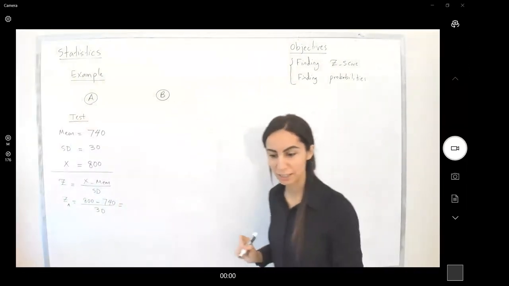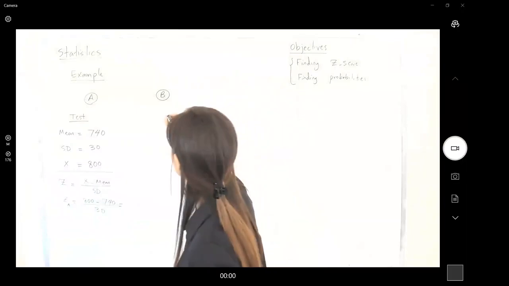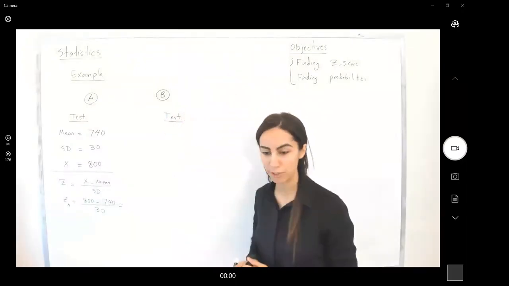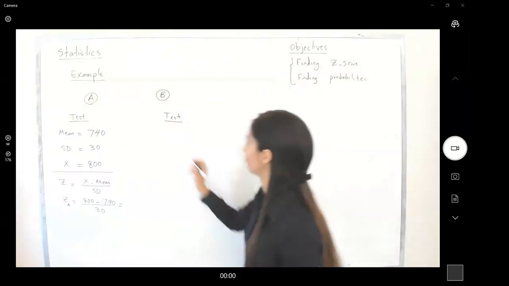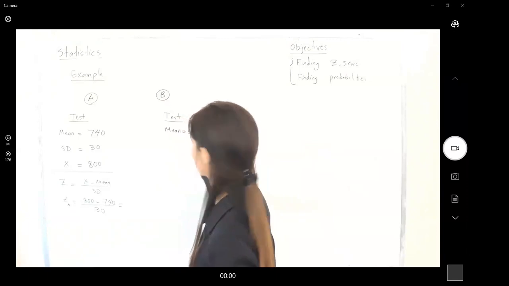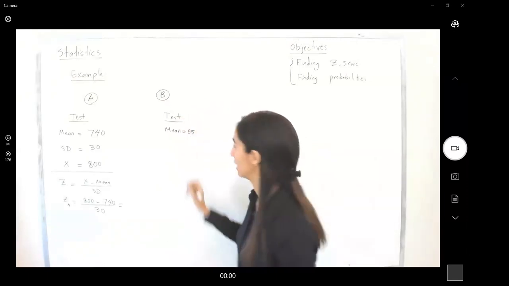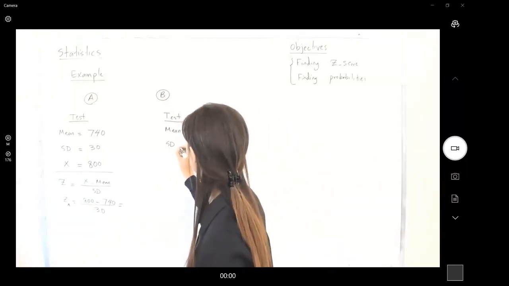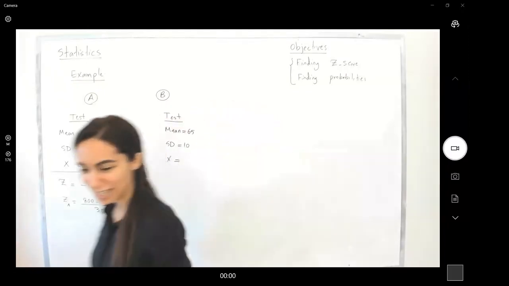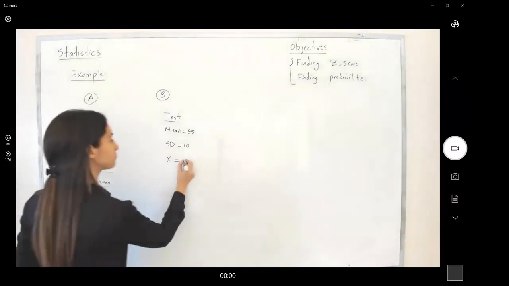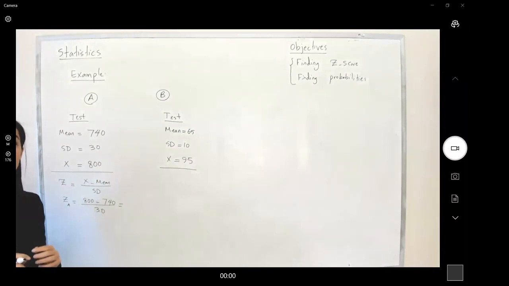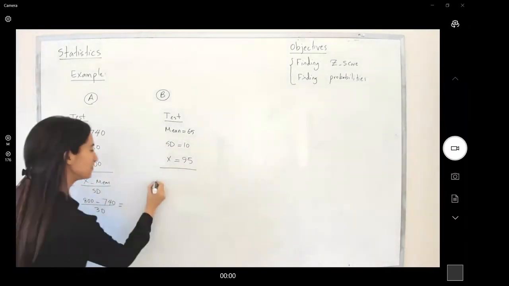For the second candidate, that candidate took a different test. For this test, the mean is 65, standard deviation is 10, and x, the score of the second candidate, is 95. Well, we need to find the z value.